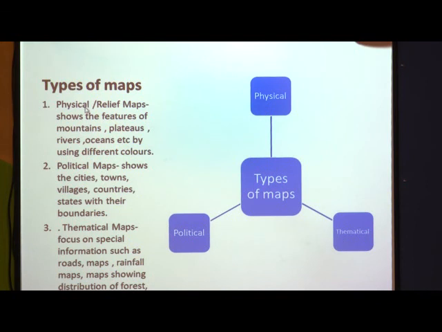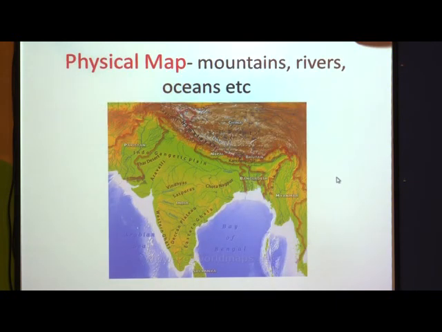Physical maps show the features of mountains, plateaus, rivers and oceans by using different colors. So now, hope you understood what a physical map is: the map that shows plateaus, oceans, rivers, etc.